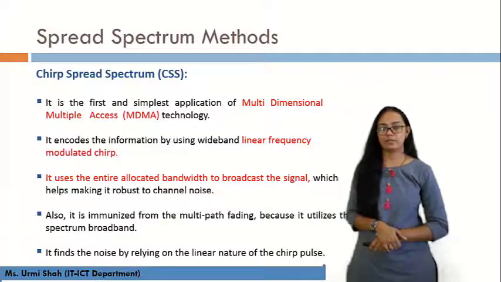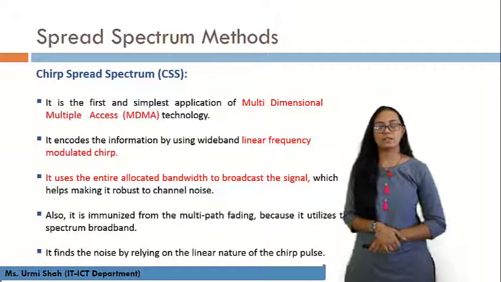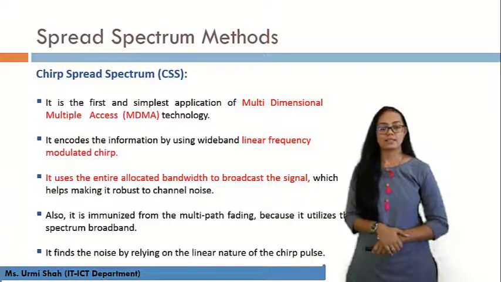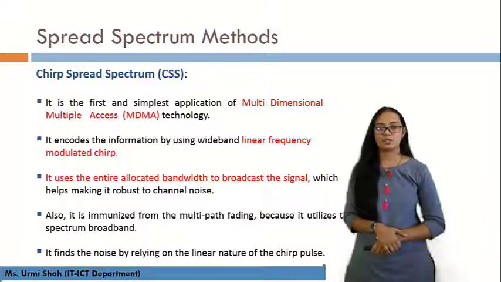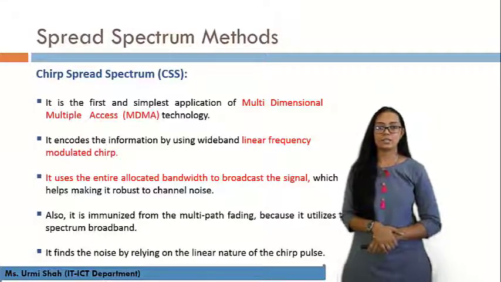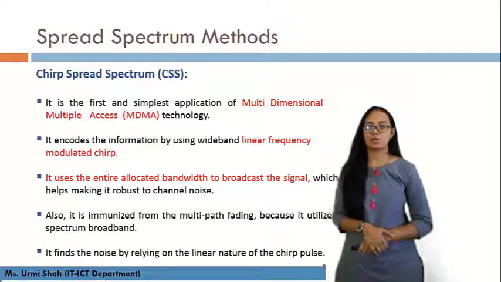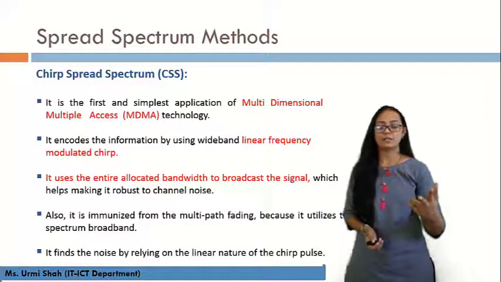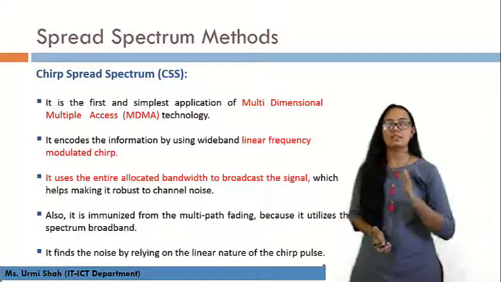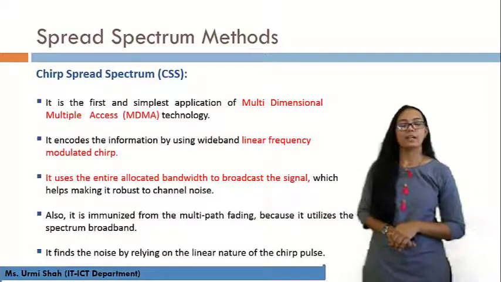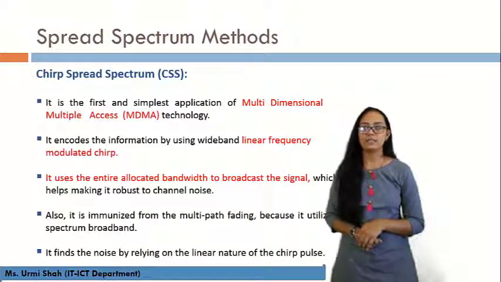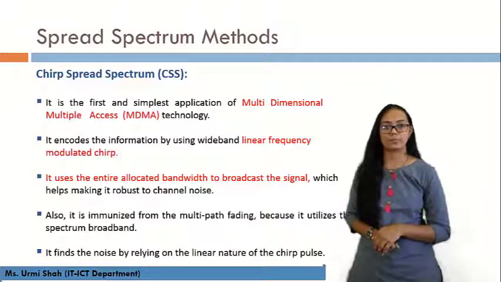The other technique in spread spectrum methods is chirp spread spectrum, CSS. It is the first and simplest application of multidimensional multiple access technology, that is MDM. At a time, multiple channels can be accessed and multiple signals can be transmitted. It encodes the information by using wideband linear frequency modulated chirps.